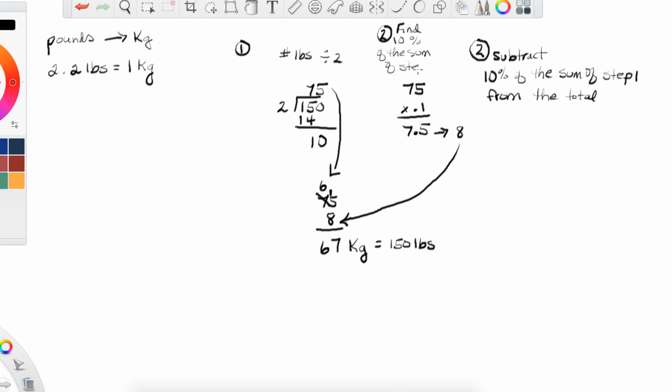And then step 3, that's what's great about computer programs, is we can always erase in place. Then step 3 is going to be subtract the 10% of the sum of step 1 from the total of step 1.